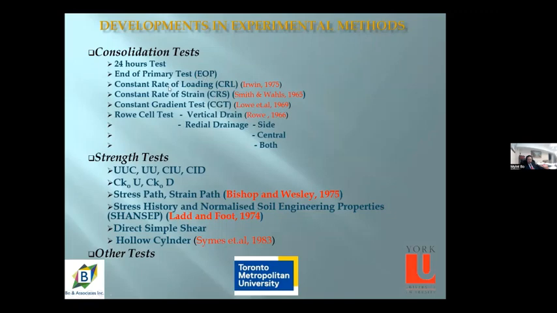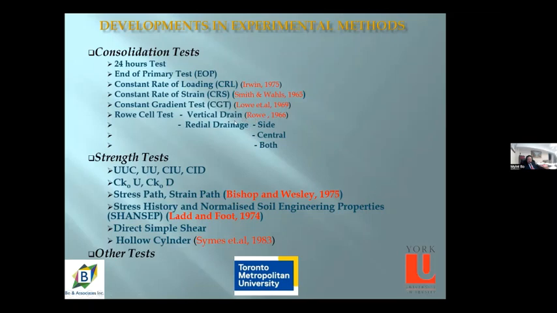Knowing that consolidation behavior is stress-strain dependent, constant rate of loading and constant rate of strain tests were developed, and to consider hydraulic gradients, they also developed the constant gradient test.